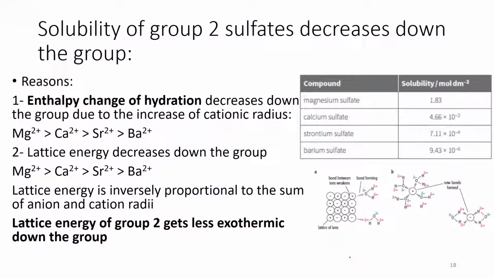So you are increasing the atomic radius, you expect the lattice energy would decrease, and you have less exothermic dissolving of sulfates going down the group. So the solubility of sulfates decreases going down the group due to the enthalpy change of hydration decreasing, and the lattice energy decreasing as well.